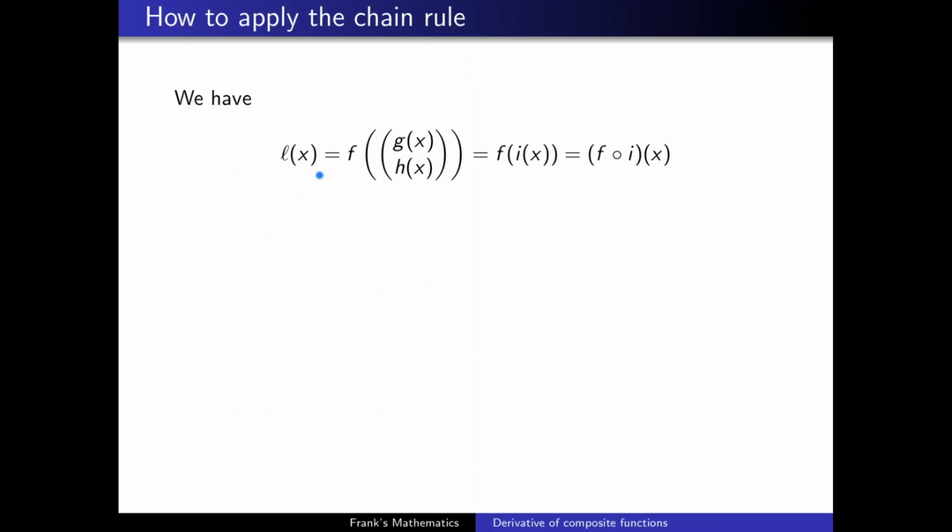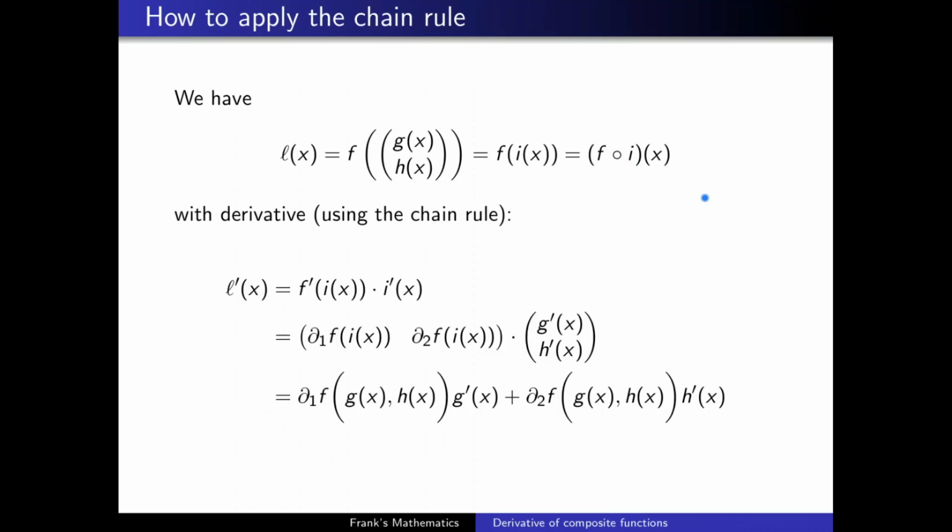But now we combine everything. So L of x is just f applied to g of x applied to h of x, but with our isomorphic spaces, we can just write f applied to the vector g and h. So nothing special here. But this inner vector is just I of x, well, just by definition. And this expression here is just f circ I applied to x. Well, and now you can see what happens.